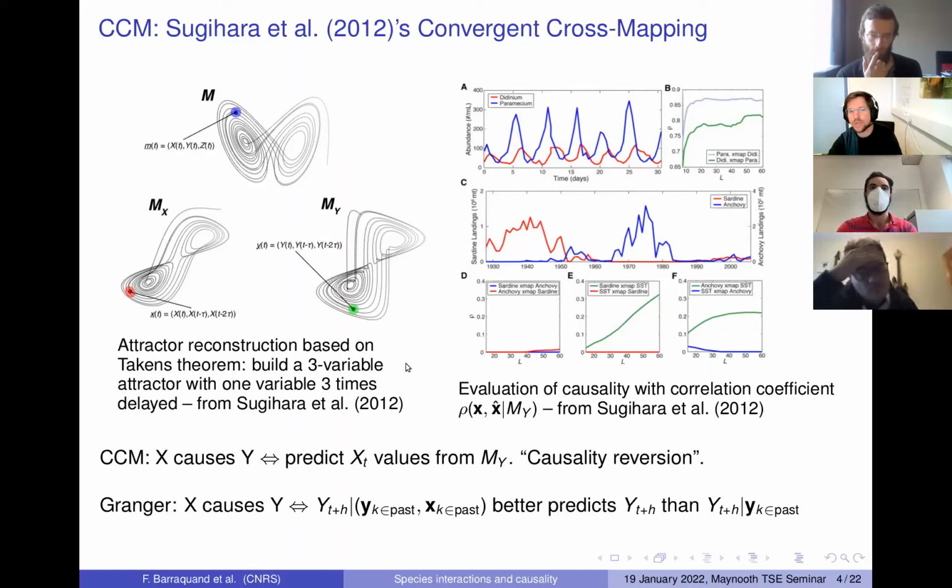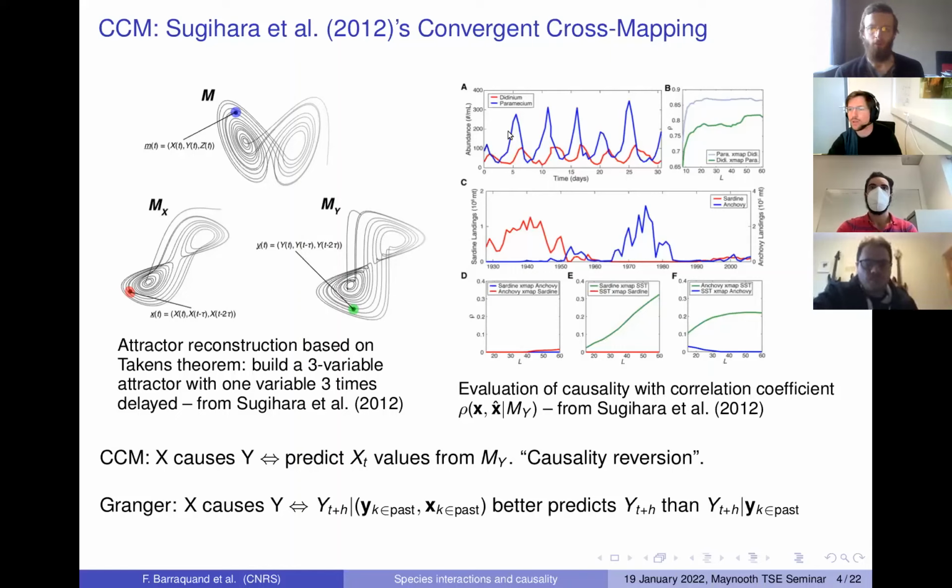So the way this goes in practice is that you reconstruct several versions of the attractor, and then you compute a correlation coefficient between the true x values and these x values reconstructed from My.